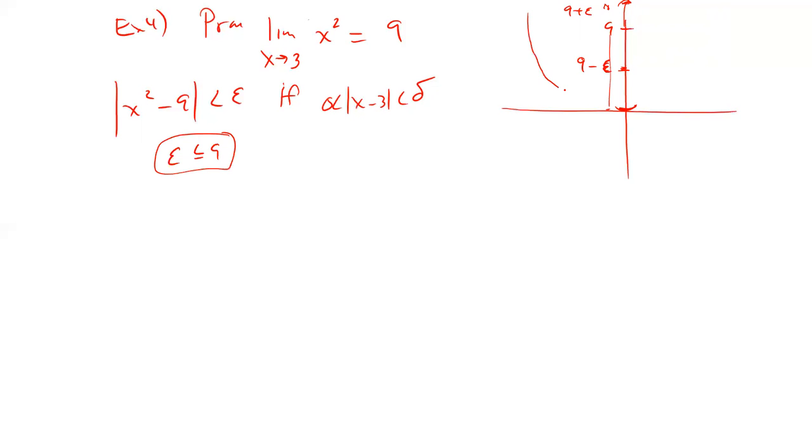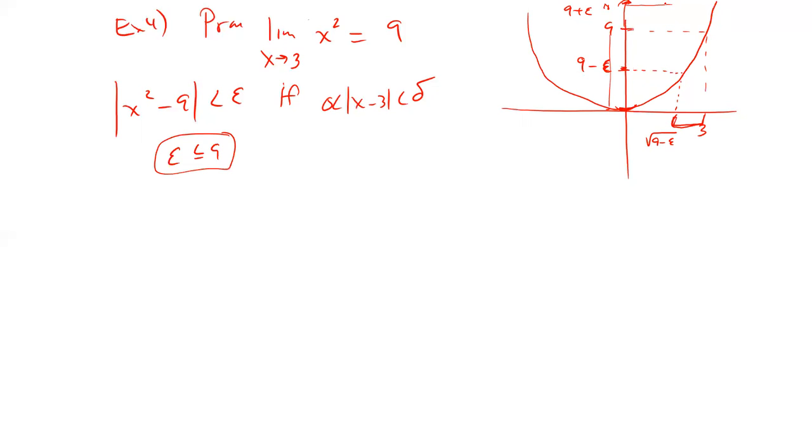All right, x squared goes like that. There's my little 9 that comes down. There's technically my 3. All right, and let's go with it here. So this is going to be this little interval right here. Figure out what the interval will be. This is going to be the square root of 9 minus epsilon, this little piece right here.